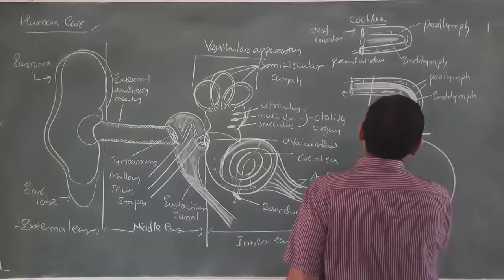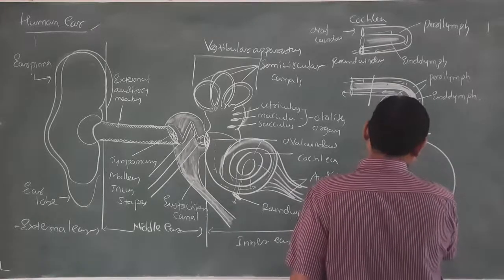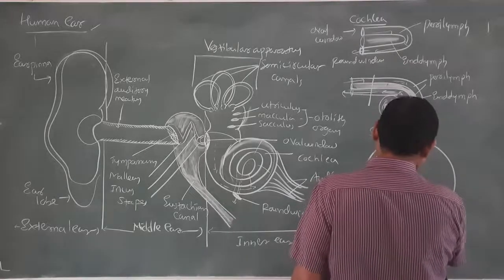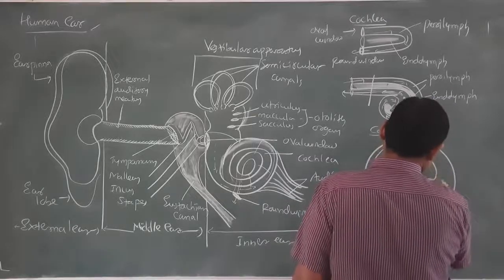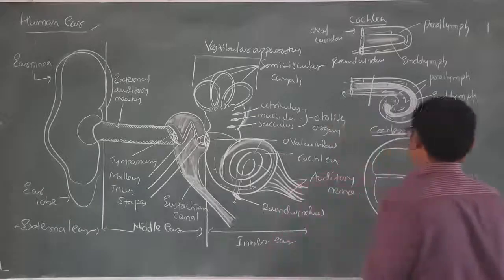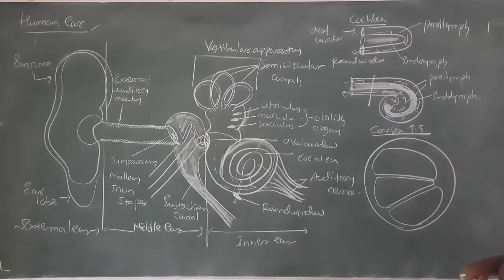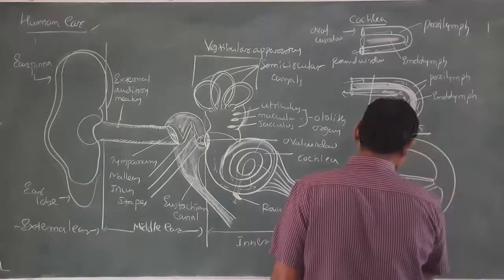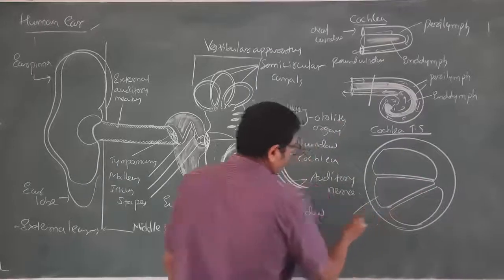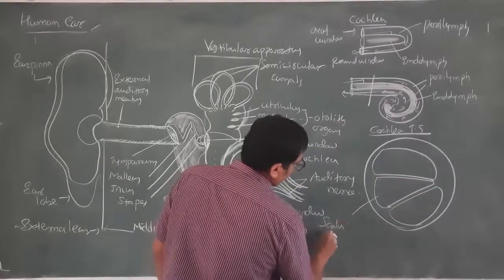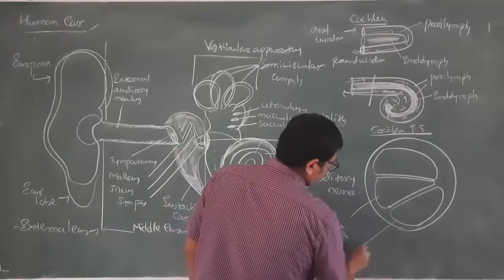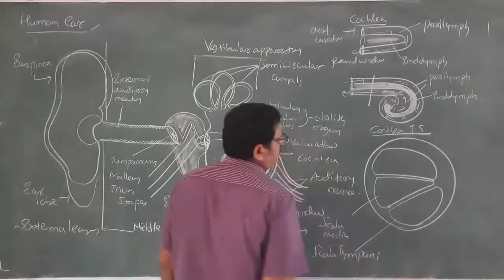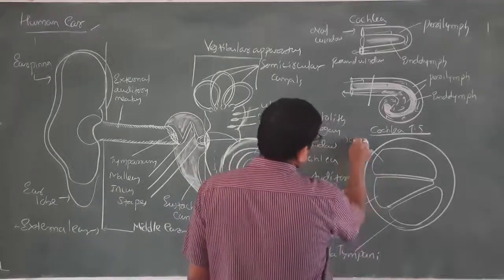It is actually a three-chamber structure. What we find here is this cavity, scala media, scala tympani, and scala vestibuli.